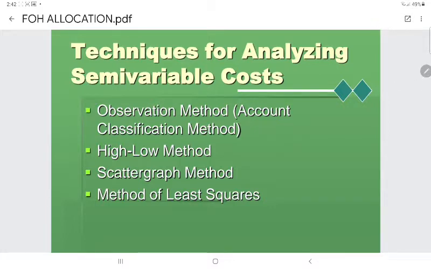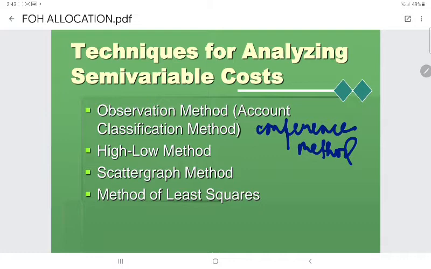Now, of course, when you talk about analyzing your semi-variable cost, your mixed cost, or step variable cost, in this particular case, no, ano yung wala dito sa techniques? By the way, in your observation method, aside from account classification method, may tinatawag tayong conference method.